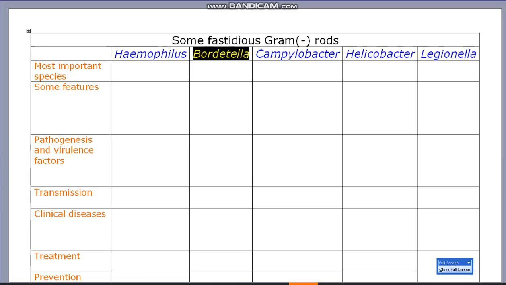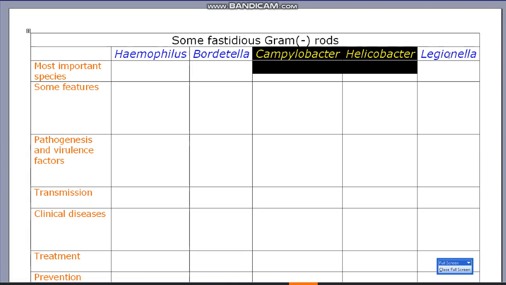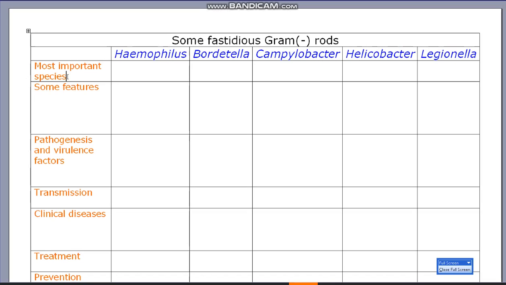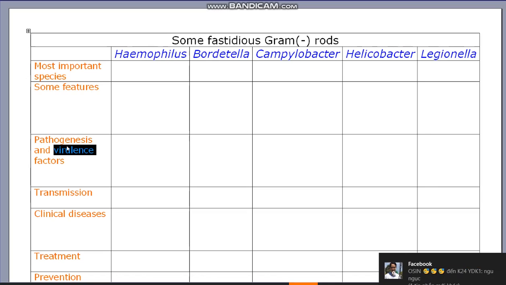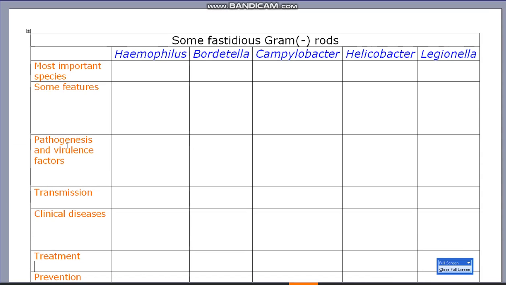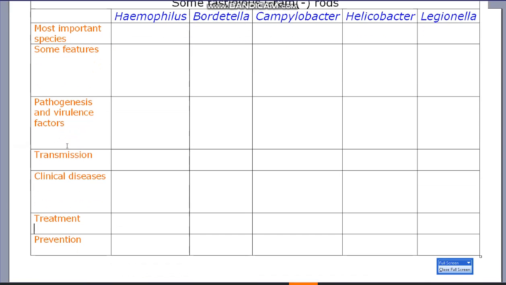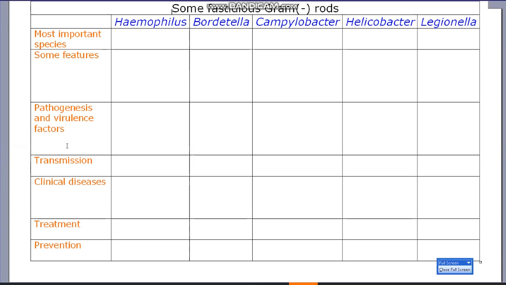Haemophilus, Bordetella, Campylobacter, Helicobacter, and Legionella. And here we are going to study the most important species, some features, pathogenesis and virulence factors, the transmission of the bacteria, the clinical diseases, the most important treatment and prevention. Okay, so we are going to try to fill this table. We think that this is the best way to follow the class.